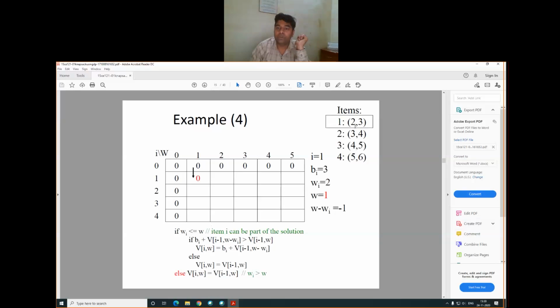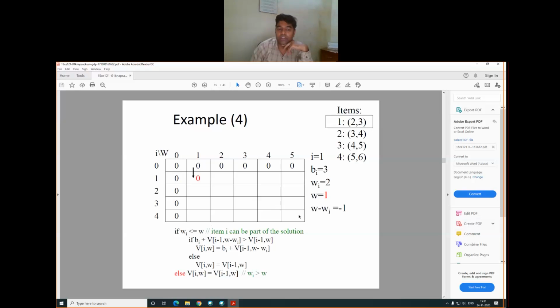Okay, so for the items 2 3, initially in that particular case, i is equal to 1, b of i is equal to 3. The weight is 2, and b of i is equal to 3, that is specified here. And w initially is 1, so w minus wi is equal to minus 1, because we have w.